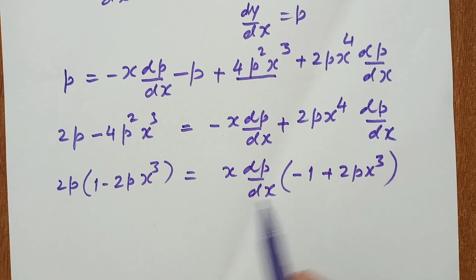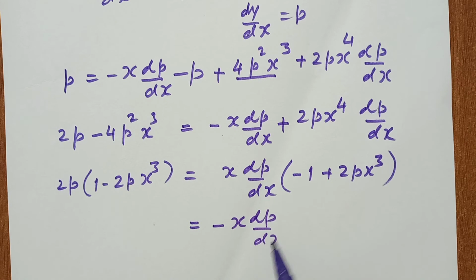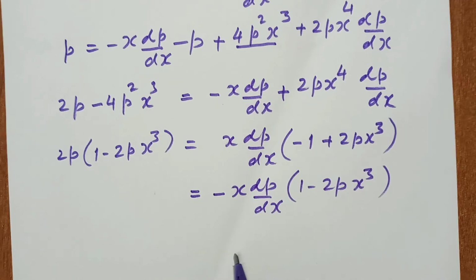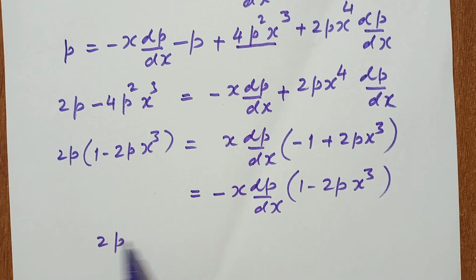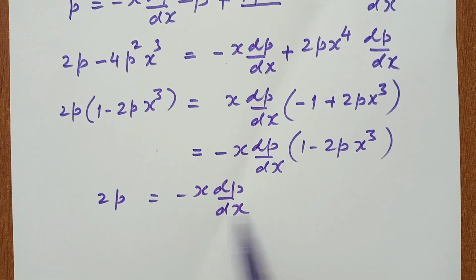So by taking minus 1 common, minus x dp by dx times (1 minus 2p x cube). On dividing by 1 minus 2p x cube, we get 2p is equal to minus x dp by dx. This is variables separable.